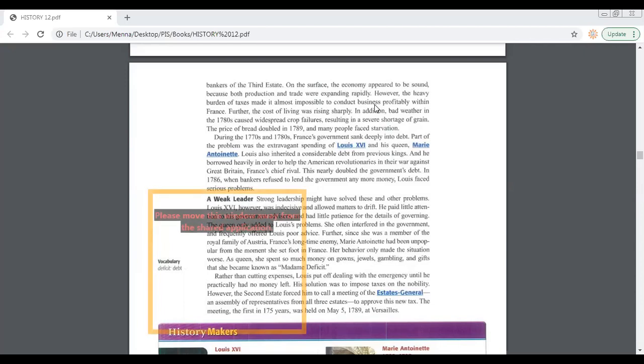It means that he cannot take a single correct decision. He allowed all the matters to drift, the debts, the prices, the people, the taxes. He paid little attention or no attention to his government advisors. Everything that they say, he wouldn't care, he wouldn't pay attention, and he wouldn't change anything that happens.